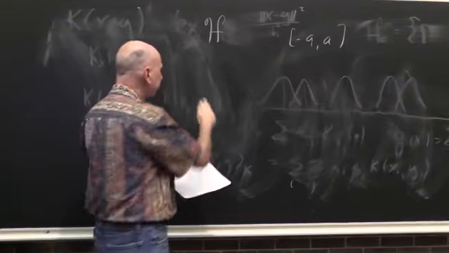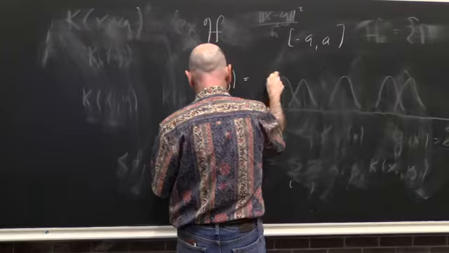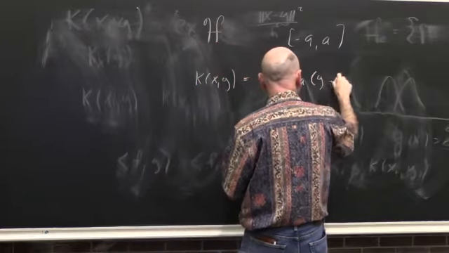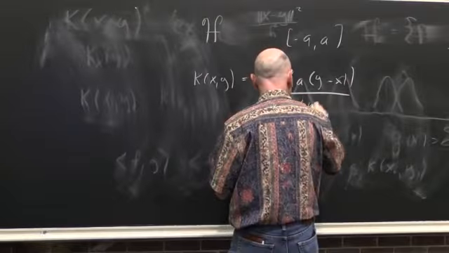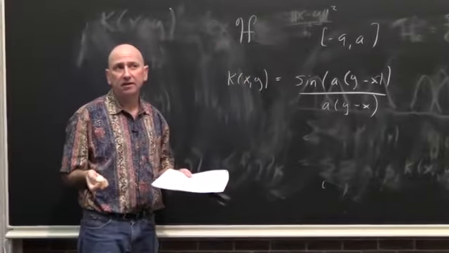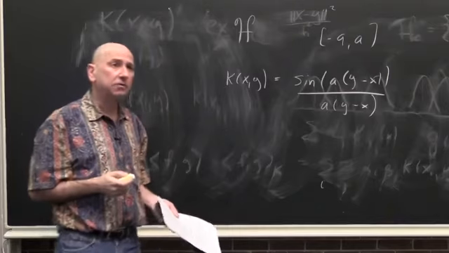And it turns out that the kernel function for that is sine of a(y minus x) over (y minus x). So it certainly doesn't look anything like, or looks quite a bit different, let's say, than the Gaussian example.